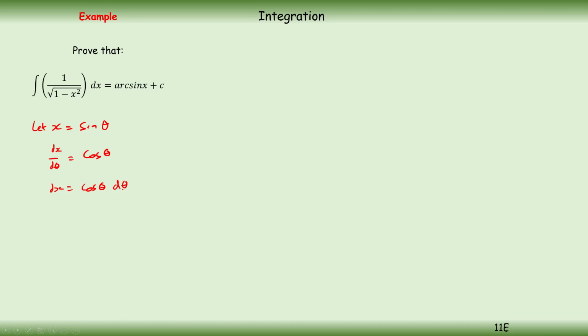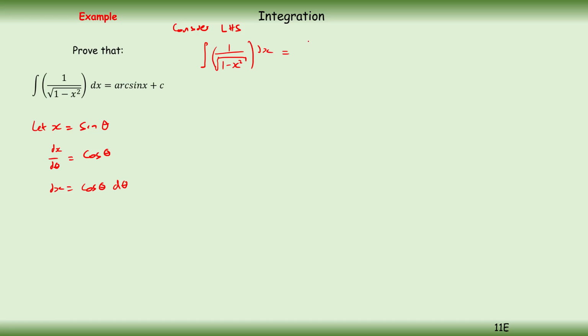Okay, so let's make that substitution in our integral then. Let's write, consider the LHS, left hand side, the integral of 1 over the square root of 1 minus x squared with respect to x.